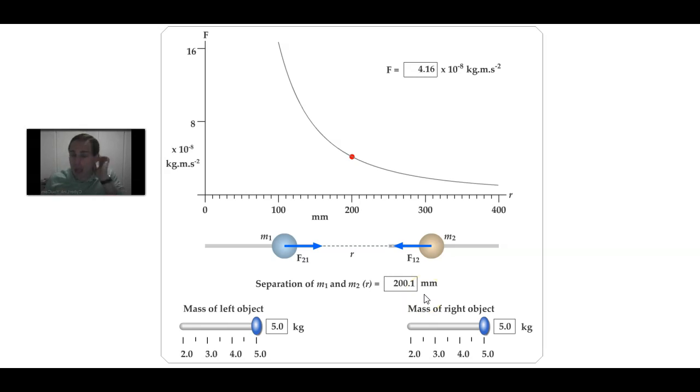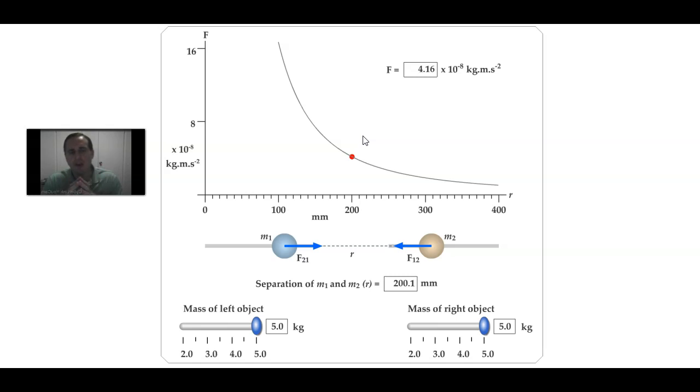And notice that their gravity force right here looks like it's about 4.16 times 10 to the minus 8th newtons. Notice this is kilogram meters per second squared, so that's newtons. Notice that forces between Earth-sized masses are very, very small, if they're not astronomical in size.